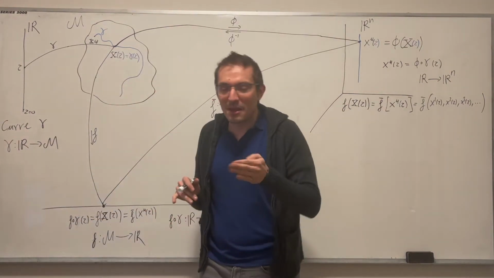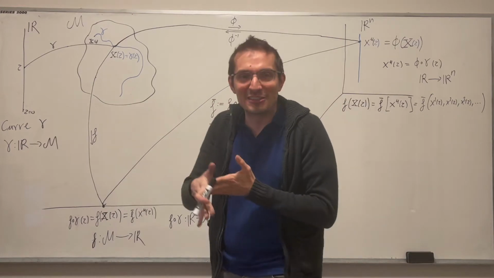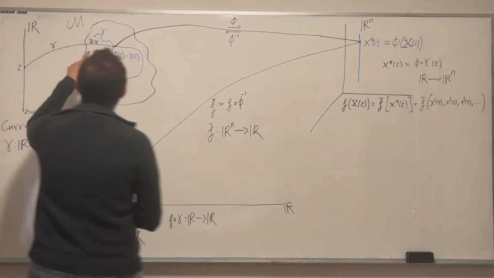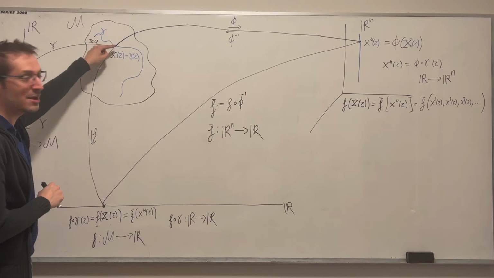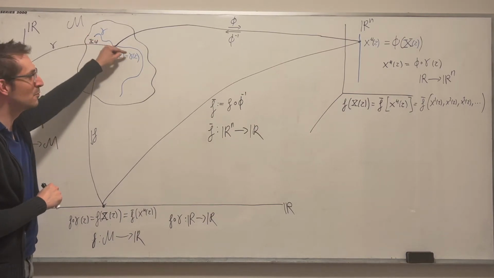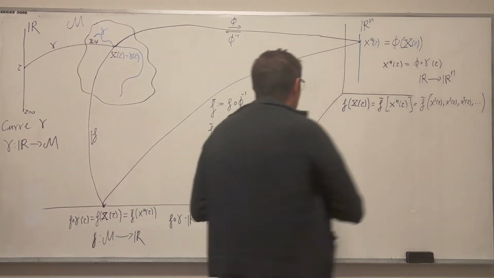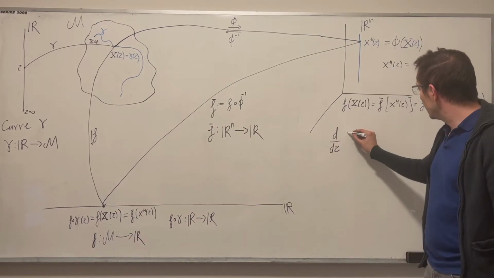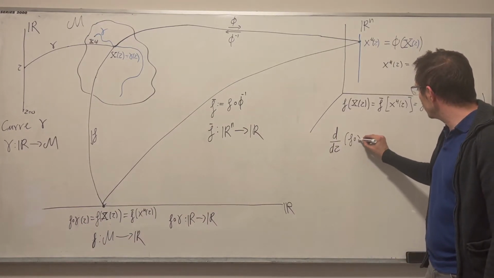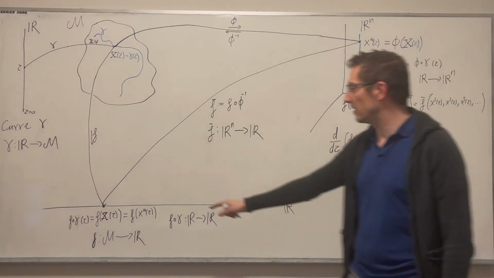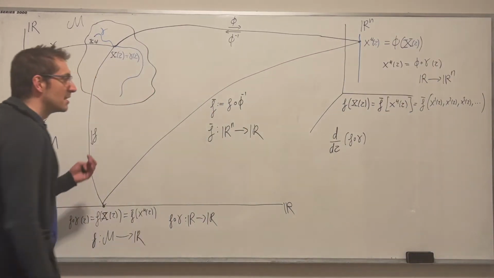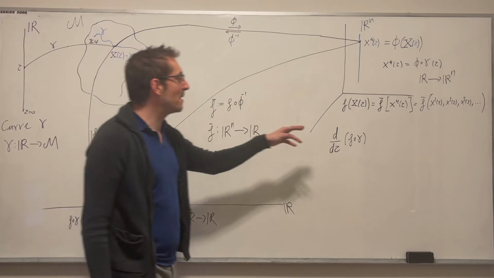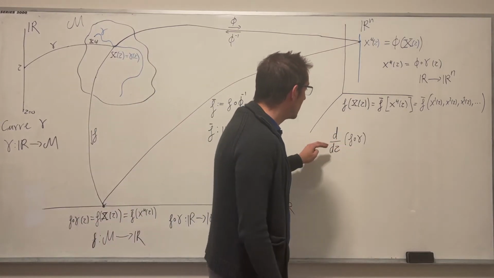As I move in my room, I look at how the electric potential changes. That's exactly what I want: the rate of change of the function f as I move along the curve. So what I want is the derivative with respect to tau of f composed with gamma. How does the function f composed with gamma vary as I vary tau?